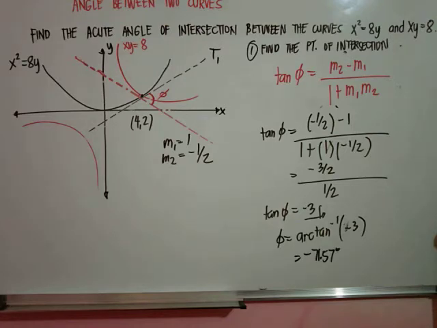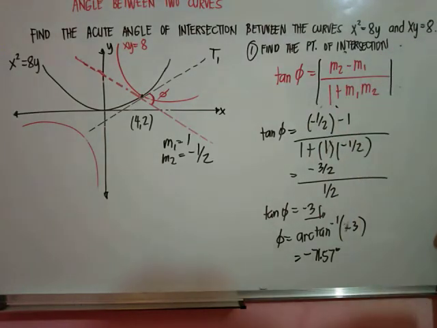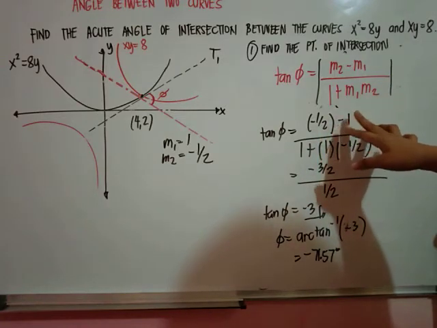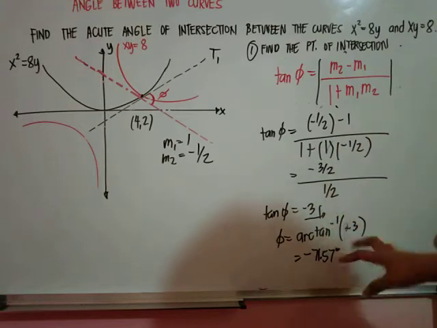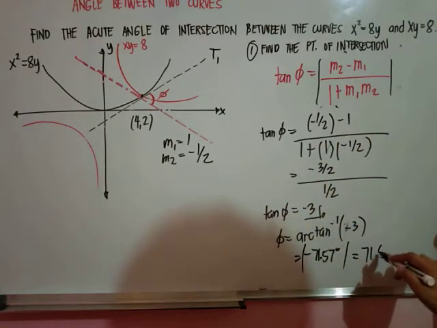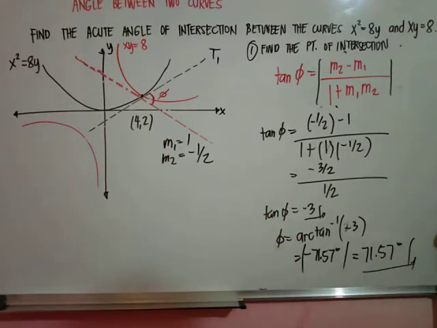So, dito pala, kapag kinukuha natin yung acute angle, nakalimutan ko, dapat meron ditong absolute value function. Kasi nga, ang kinukuha lang naman natin is difference. So, i-absolute natin to. So, we have 71.57 degrees. Yan.